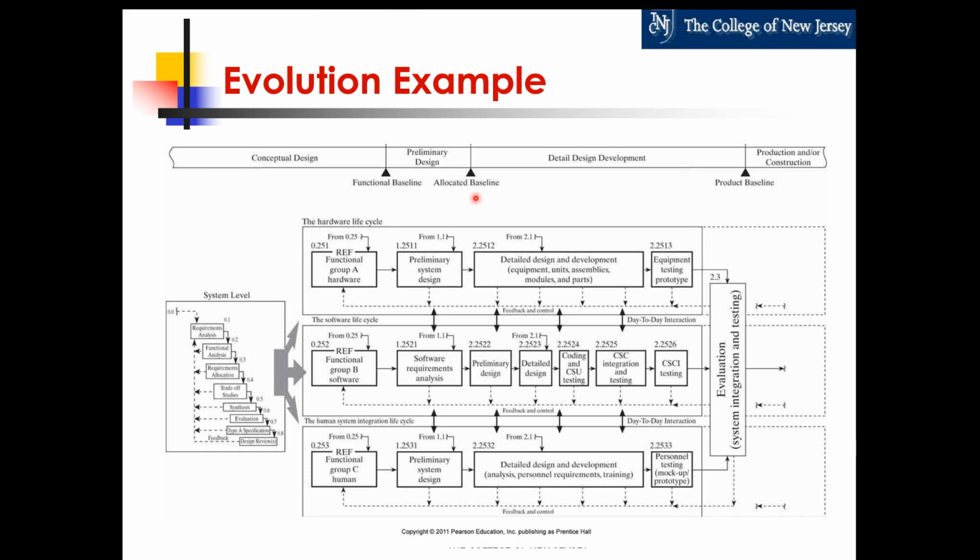So here we have the life cycle of bringing the system into being for a system that may have 3 parts. It may have a hardware part, it may have a software part, and also many systems will have a human interface or human experience or user experience part.